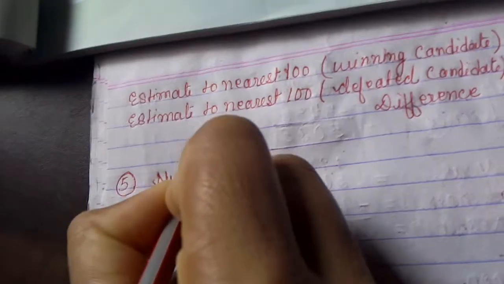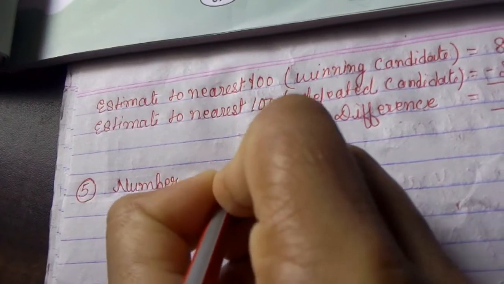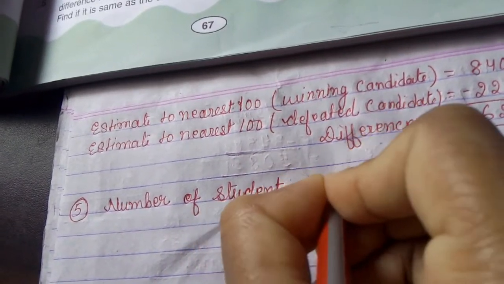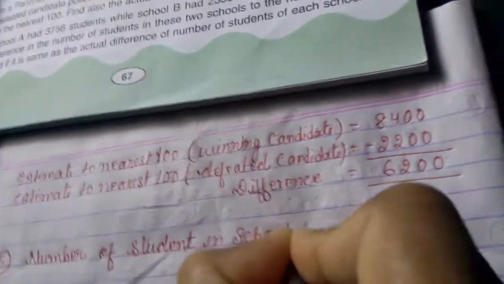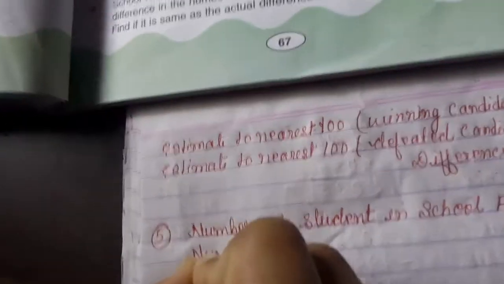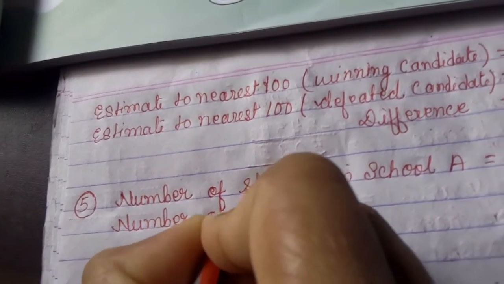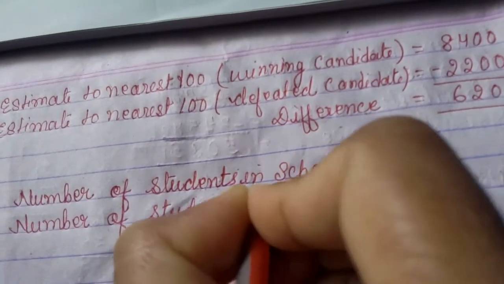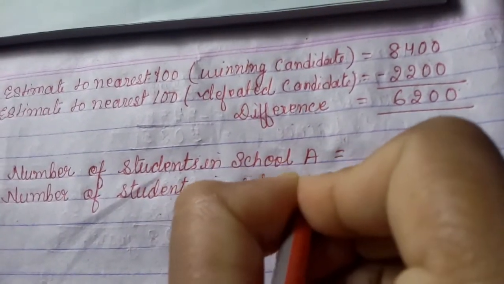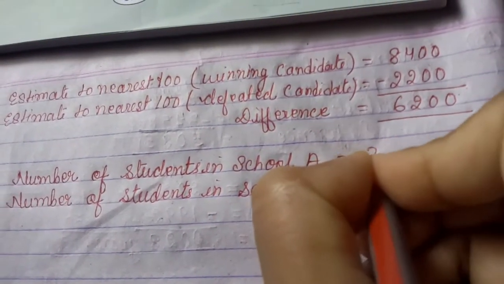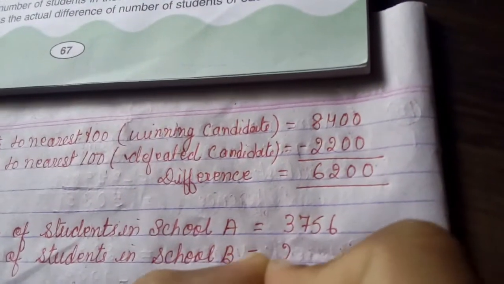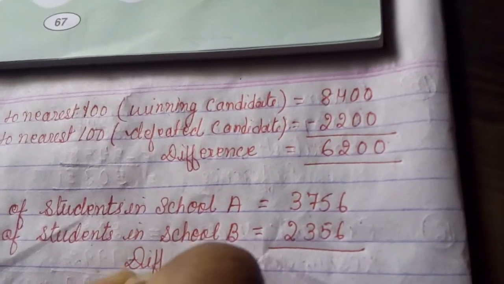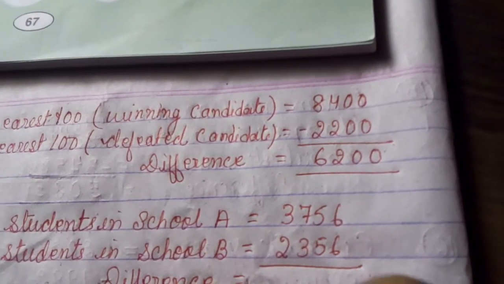So number of students in school A, number of students in school B. Now we have to find out the difference.